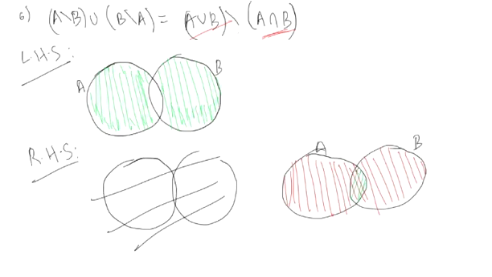If you take out this region alone from this entire thing, what you have is this. Where do I shade blue? Except the intersecting region, everything else. So you just don't have the intersecting region. That is what this means. So your right hand side is equal to your left hand side, and hence it's true.